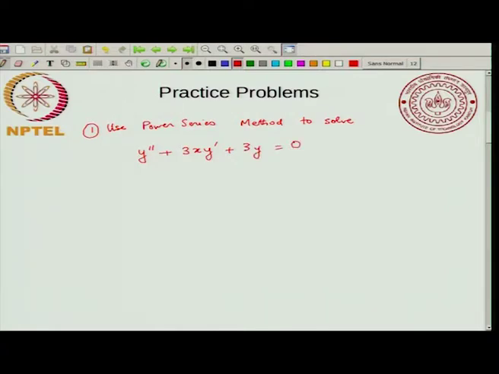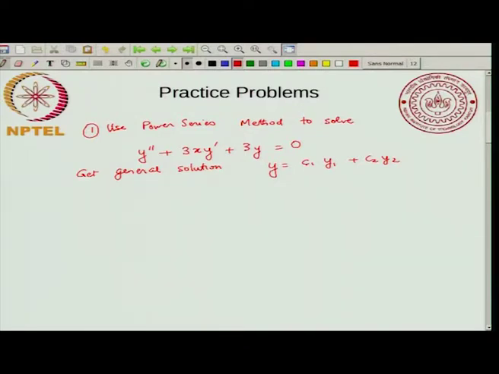When I say solve, this is a homogeneous second order differential equation, so you can write the general solution as y equal to C1 y1 plus C2 y2. The general solution has these two arbitrary constants C1 and C2. This is what you have to get by this method.